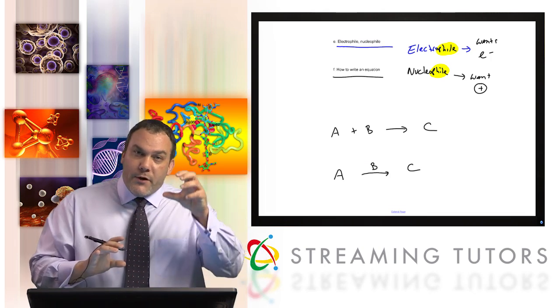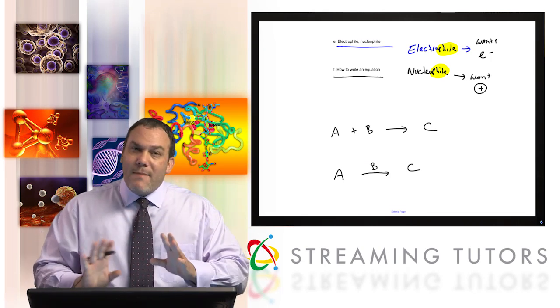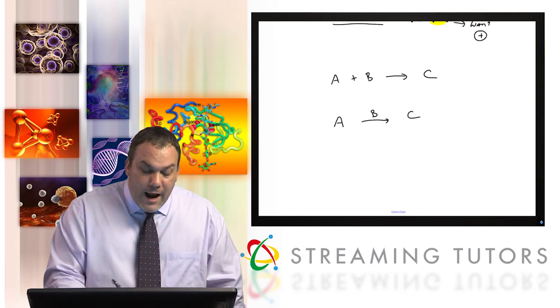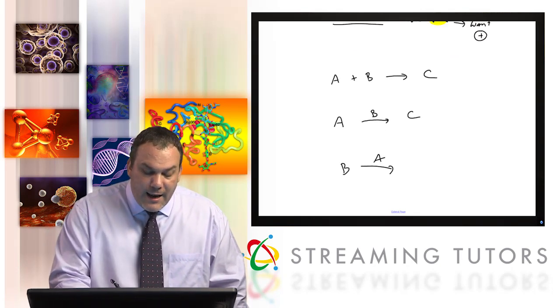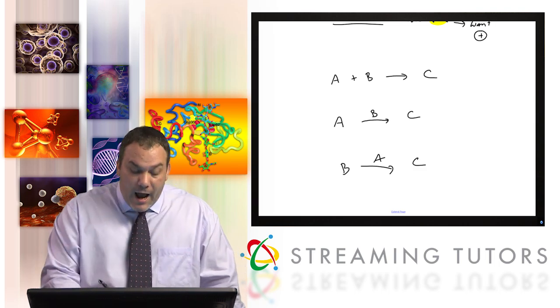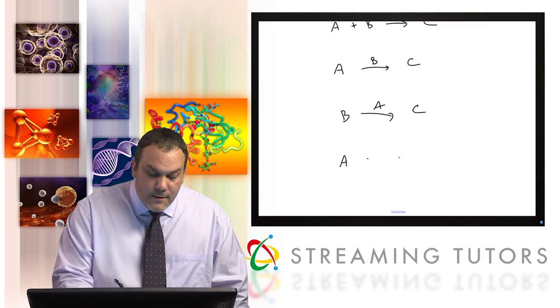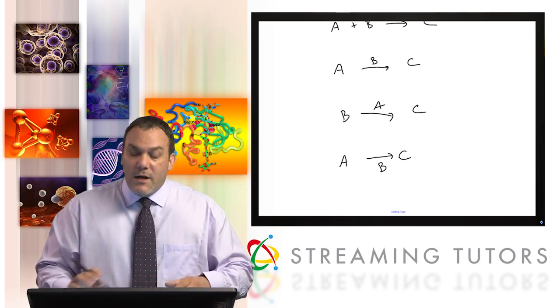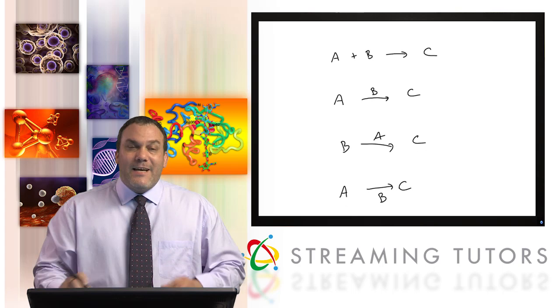I took B and put it over the arrow. It doesn't matter. It's the same exact thing. These are equal. Or I could write B reacts with A to become C. See that? I could write A reacts with B down below here to become C. There's no difference. These all mean the exact same thing.